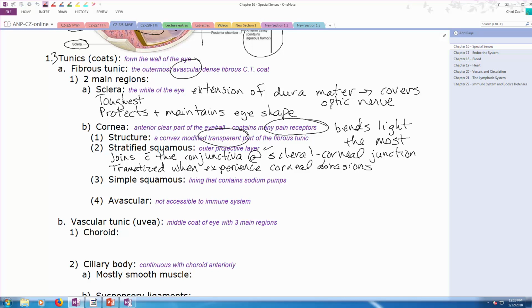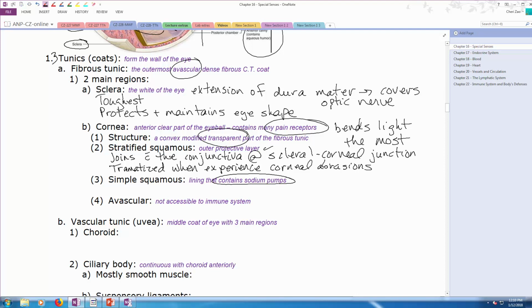On the inner aspect of the cornea, what's really fascinating is it's just a single layer of simple squamous epithelium. That's kind of like our blood vessels. What's interesting about this simple squamous epithelium is these cells have sodium pumps in them.